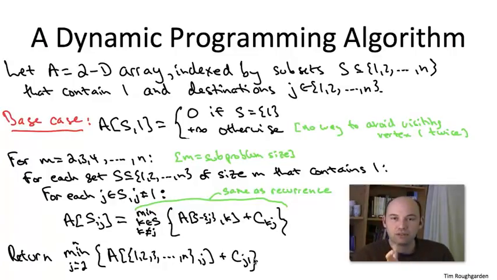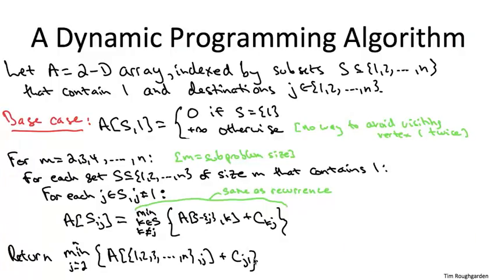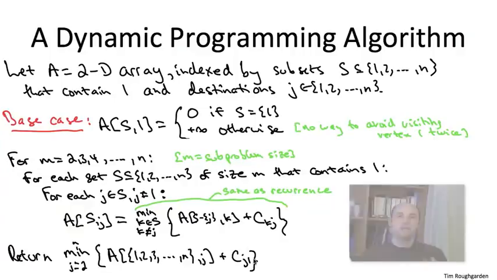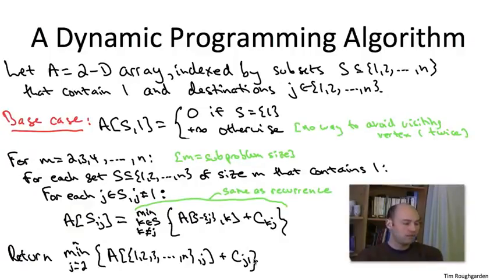Now, how is this different than a traveling salesman tour? Well, all that's missing is that final hop, that hop from j to 1. So what this means is that after we've solved all of the subproblems in our triple for loop, we can complete the algorithm with one final brute force search. This final time the brute force search is over the choice of j, the last vertex that you visit before you return home to vertex number 1.